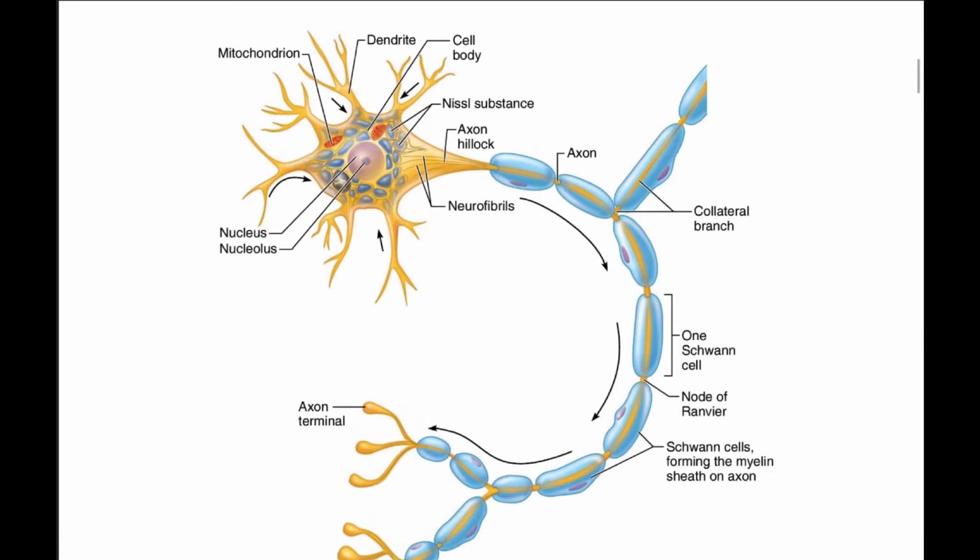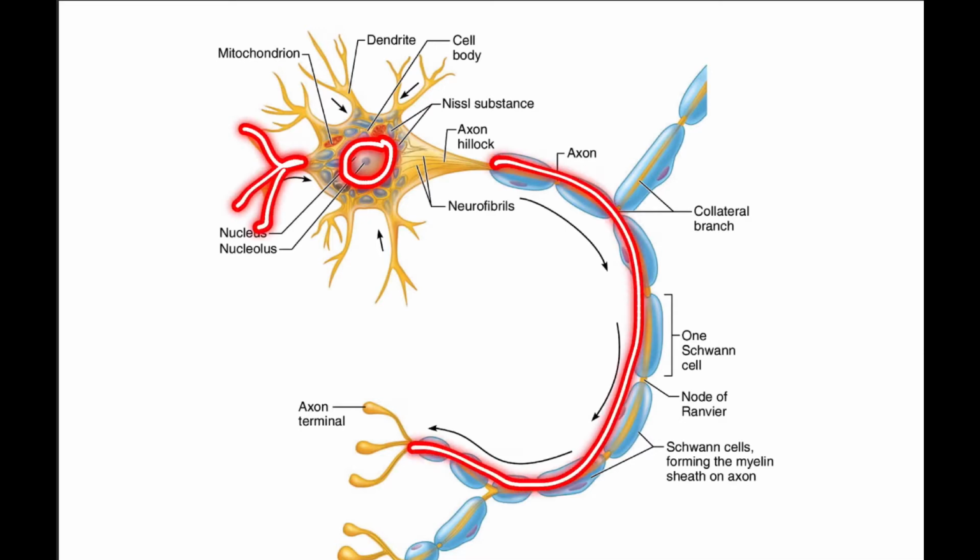So here we have a structure of a neuron. A group of neurons connected together form a nerve. A neuron consists of a cell body, dendrites, and a tail.